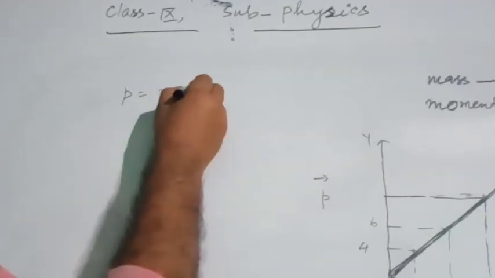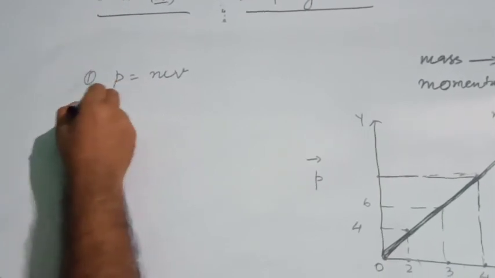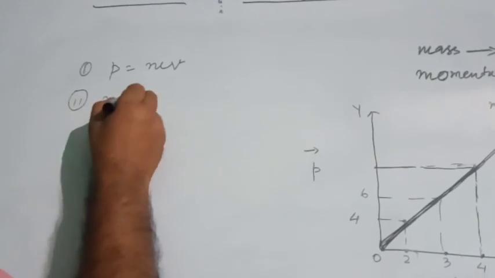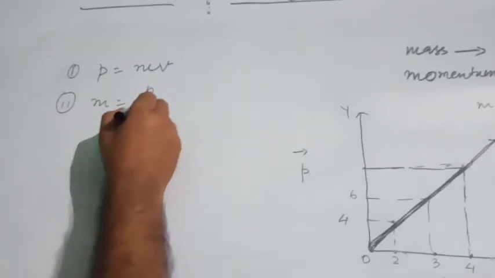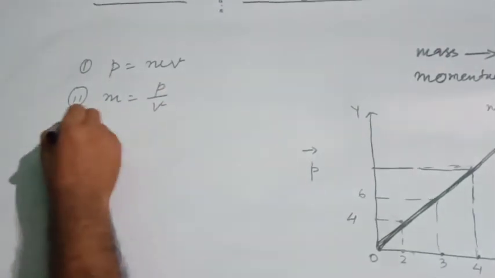P equals m into v. This is the basic formula of momentum. Now you can write mass equals momentum by velocity.